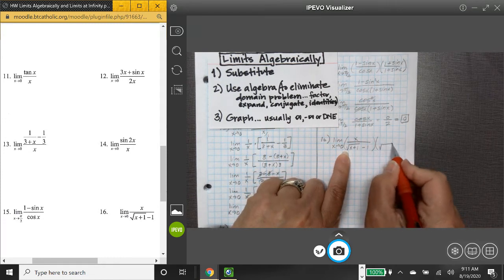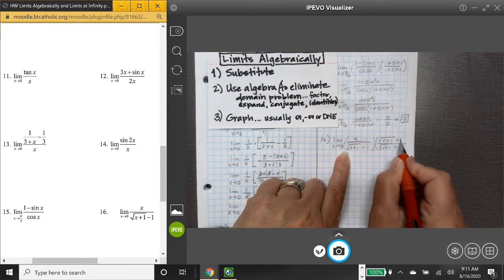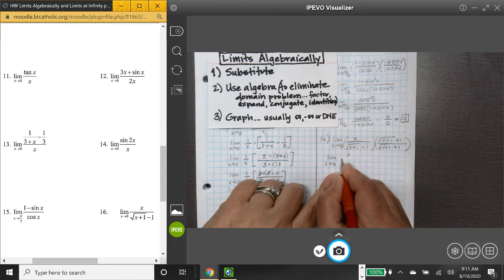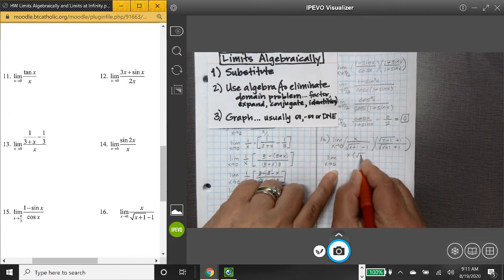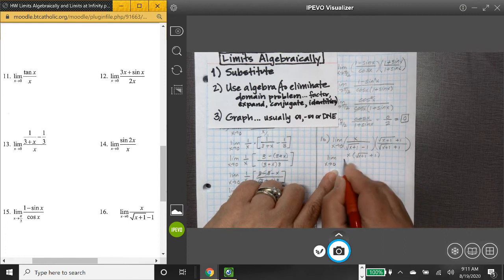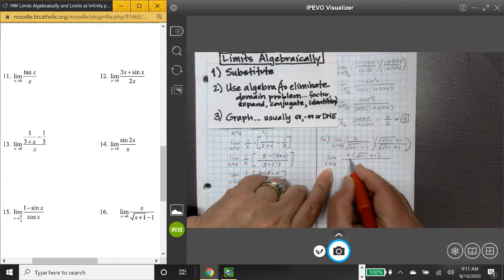So we're going to multiply by the square root of x plus 1 plus 1 over the square root of x plus 1 plus 1, and we get the limit as x approaches 0 of x times the square root of x plus 1 plus 1. Now, why don't I multiply this out? Well, because I know I'm going to let x go to 0, and it'll make it easier if I don't.